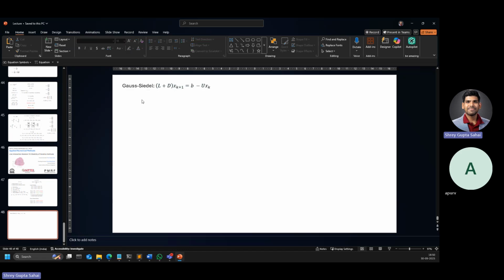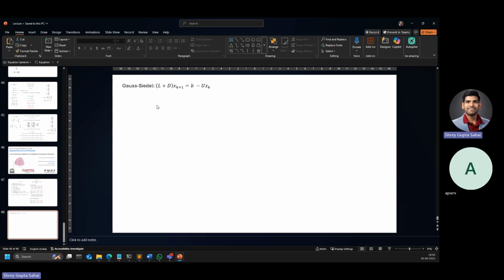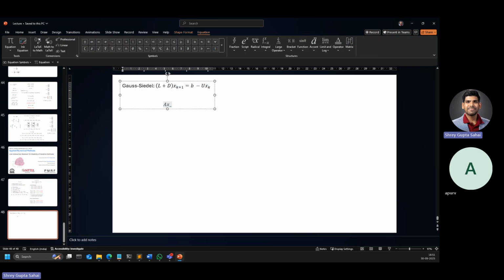One more thing that we can do: we want the true solution. How would the true solution look like?